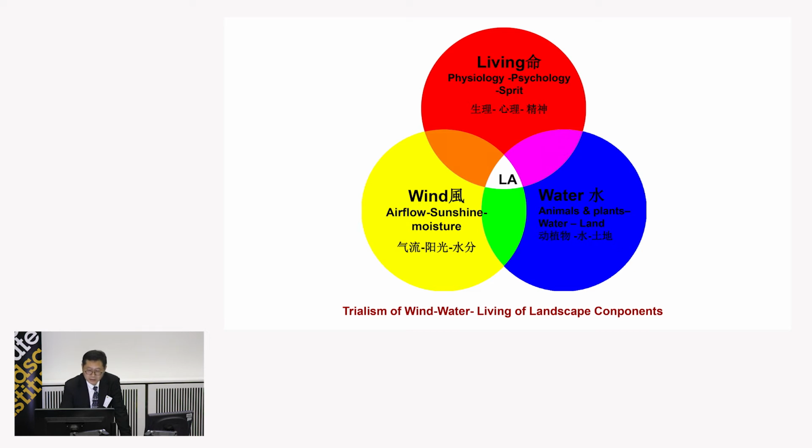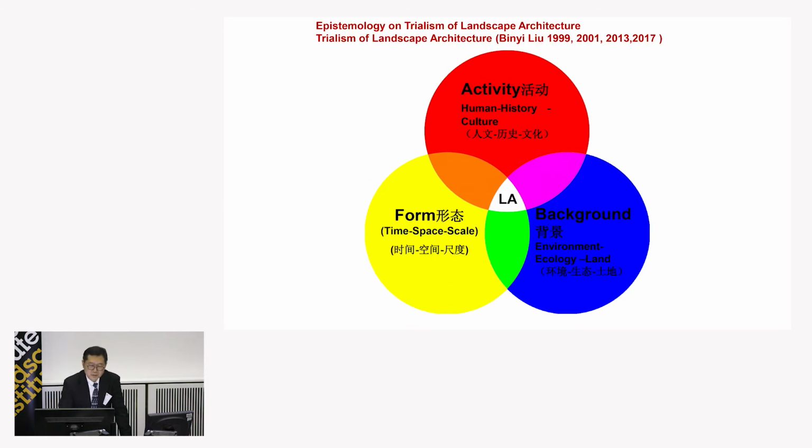This is for ecology, and this is for human feelings and physical things. And finally comes the epistemology and treatise of landscape architecture.